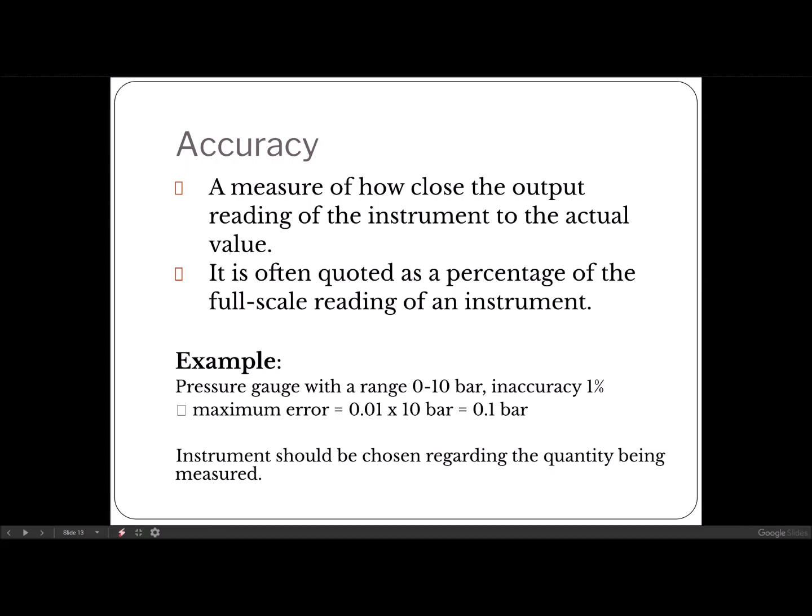Some measurement devices might not have good accuracy, in the sense that when you are, let's again take a weighing scale, measuring 50 kilograms, but your weighing scale shows 53 kilograms. That's not accurate, right?